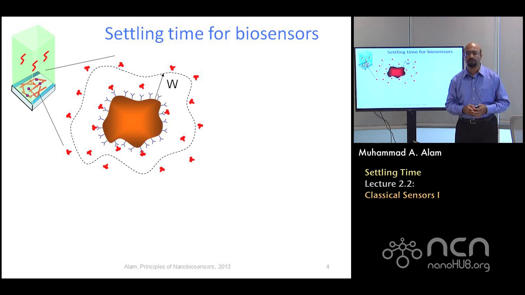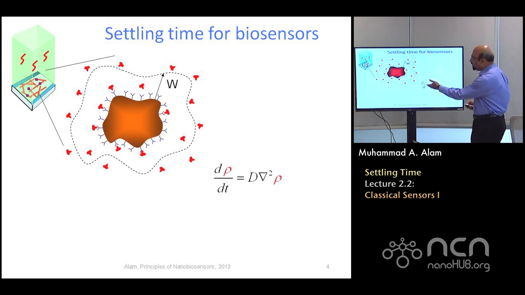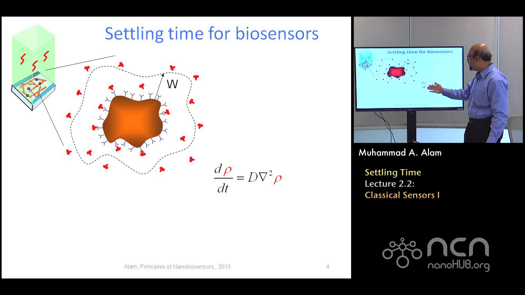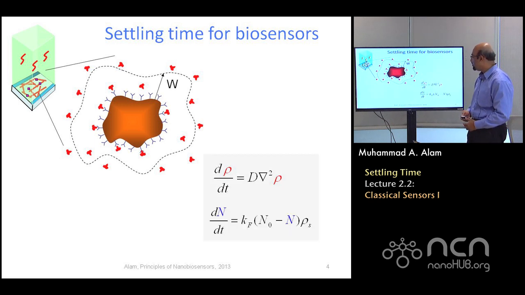We'll not think about those details right now. We'll think about these red molecules as random particles moving around, diffusing around in solution, and therefore described by the diffusion equation. D is the diffusion coefficient, and if you have a given distribution of analyte molecules, red, this will evolve as a function of time following the diffusion equation.